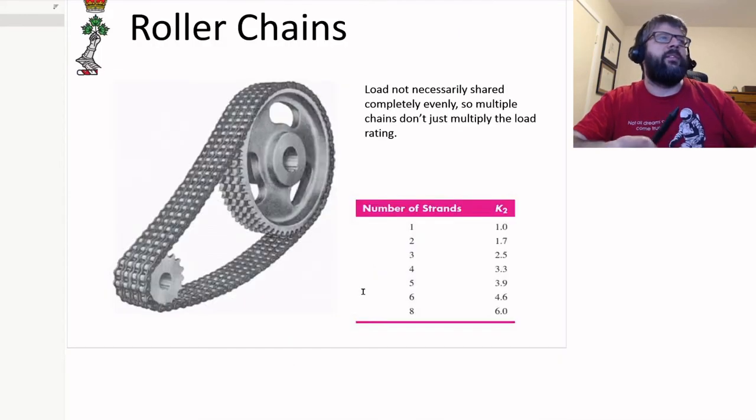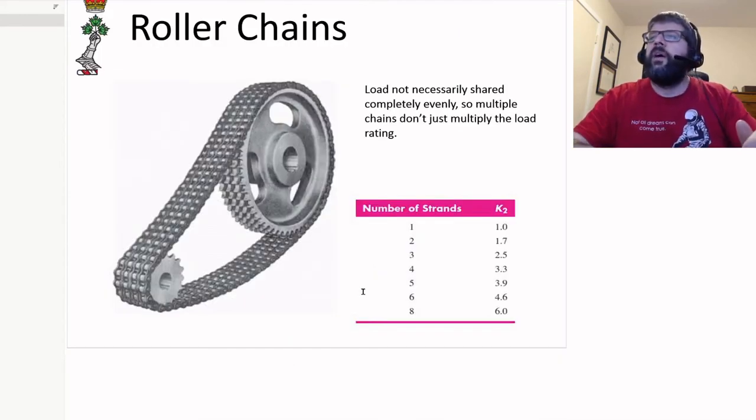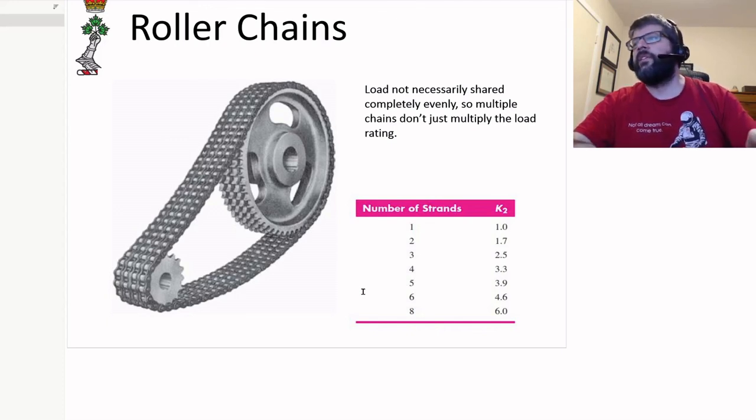And the other thing is, if you're using multiple strands, because you need to, because the amount of power that you're going to transmit would be causing forces that would be higher than what the chains could do on their own. Unfortunately, the multiple chains don't necessarily share the load completely evenly, so you need to take your load rating for one strand, and then you don't multiply it by the number of strands, you multiply it by this factor here.